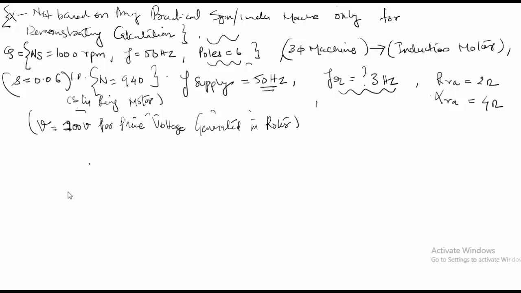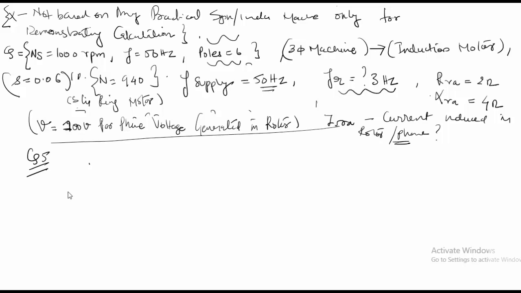So now the question is to find the IRA, that is the rotor current induced in the rotor per phase. So this is my question 5, and it is to find IRA.